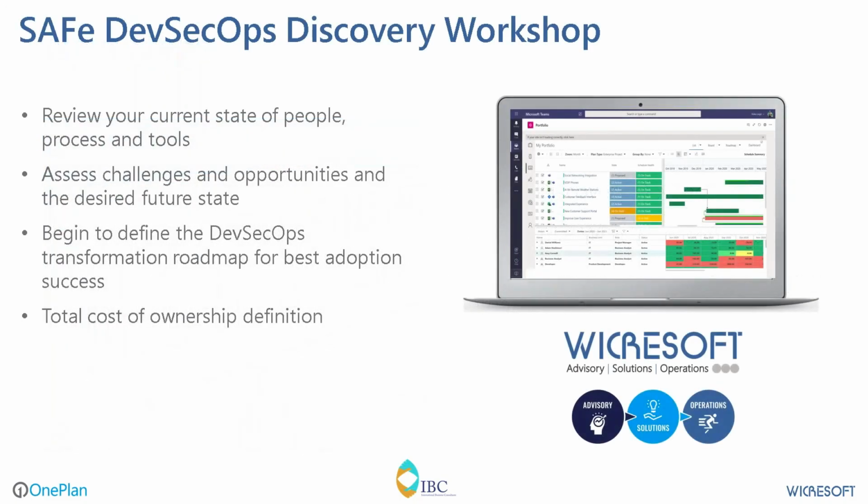In terms of the DevSecOps Discovery Workshop, it's really about what is the current state of your people, process, and tools. Where are some areas of improvement in order to increase the metrics of release to the customer? And where can we, and how can we, begin to define the transformation roadmap for best adoption success.